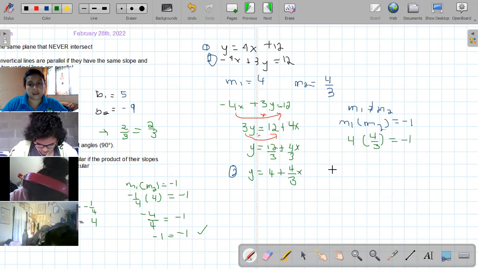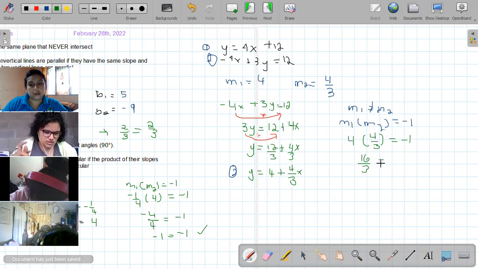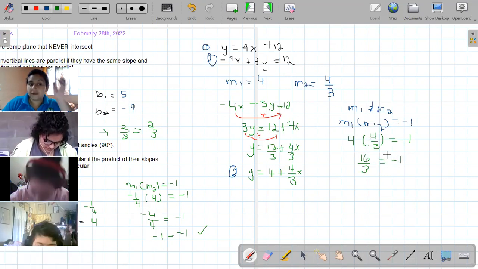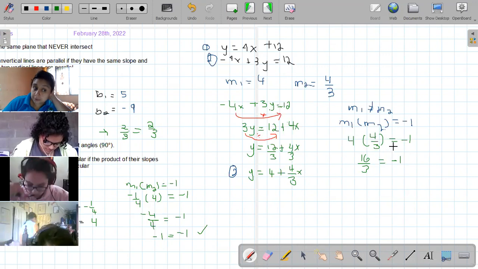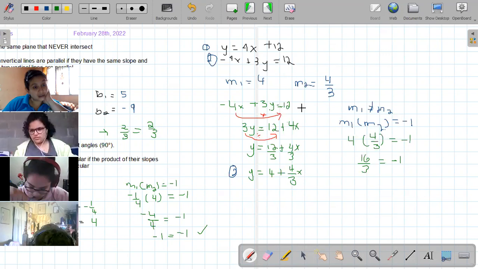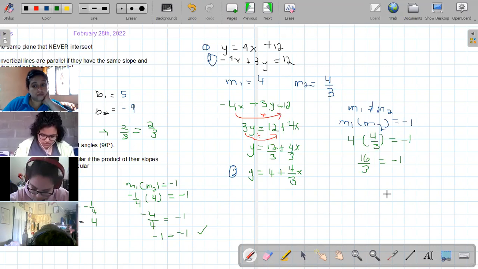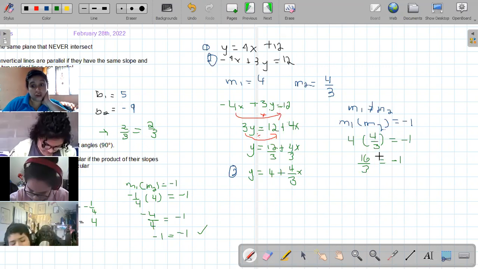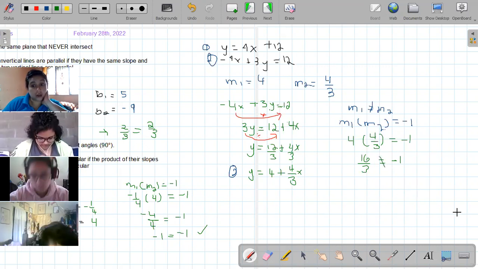Just like we did in this example, I'm multiplying the whole number times the numerator. 4 times 4, 16 over 3 should be equal to -1. Can I simplify 16 over 3? No, right? I cannot simplify. So is 16 over 3 equal to -1? No, they're not equal either.